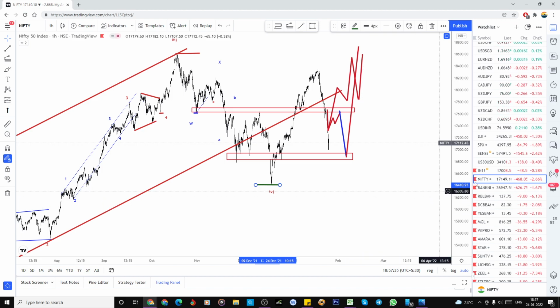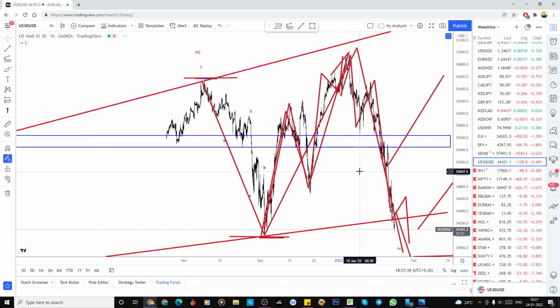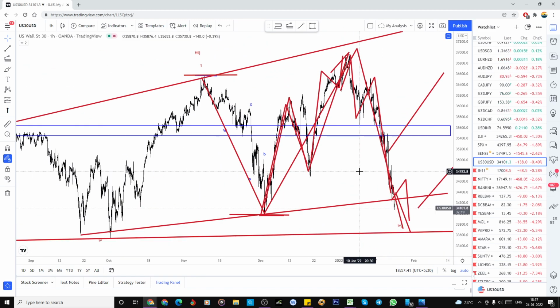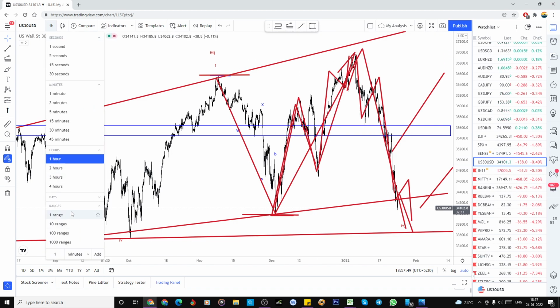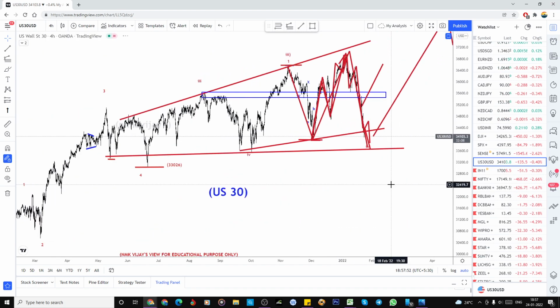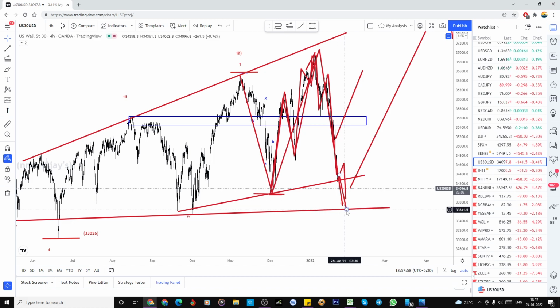I will give you one more clue here. For example, US30, and you can go through my NMK Vijay's forex service. I uploaded a weekly analysis yesterday or the day before yesterday. Every week I do that there. If you go through that US30, look at this, I already predicted that maybe it can retest this zone, or there is a chance of making a move from here without breaking this.